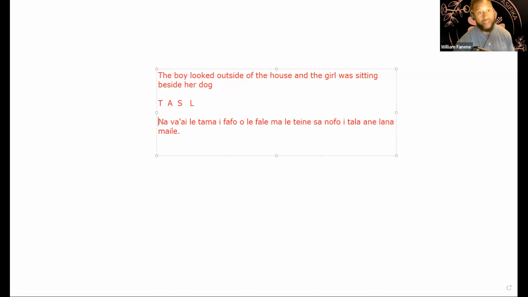So we broke it down: tense, action, subject, and then the location, i fafo o le fale. And then we just combine two sentences really. And le teine sa nofo i tafa o lana maile. That's, we actually, ma sa nofo, yeah.